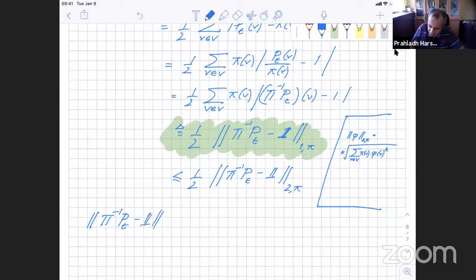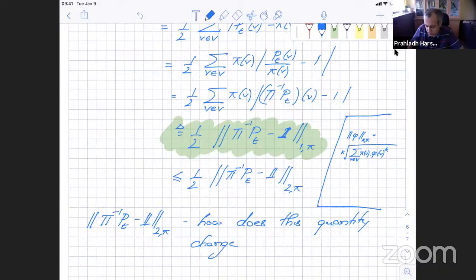We try to understand how this quantity changes with each step of the random walk.